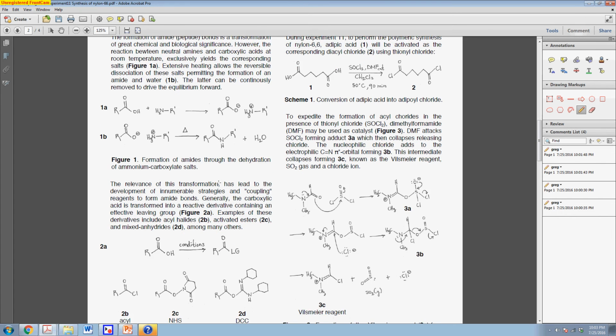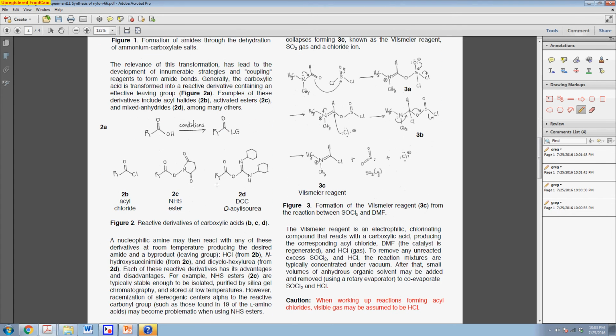Typically, what is done if you are looking to form an amide bond is that first you activate the carboxylic acid such that you generate a good strong leaving group here. And then once you form that leaving group, you can have your nucleophile come in.